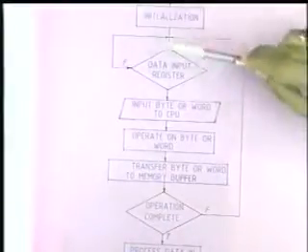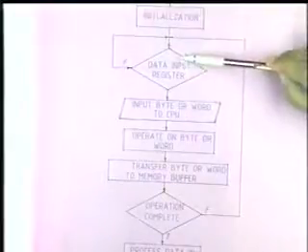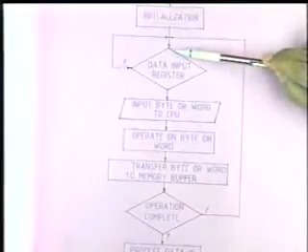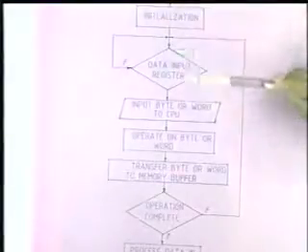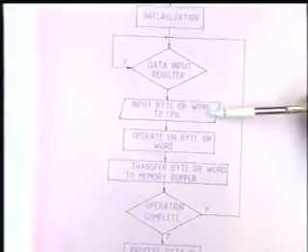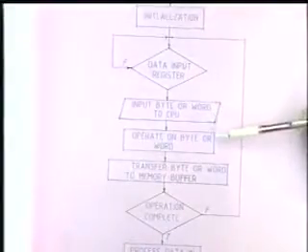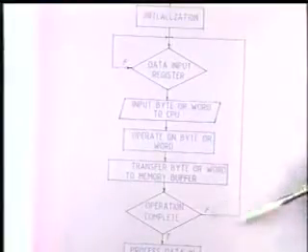If it is not ready, it has to wait till the device is ready. This is called handshaking, or reading the status information or the ready bit of the peripheral devices. Then you have to input a byte. In this case, of course, a byte. In some machines you can handle a word, and then you can operate on the byte if you wish, and after that you have to keep on looping.